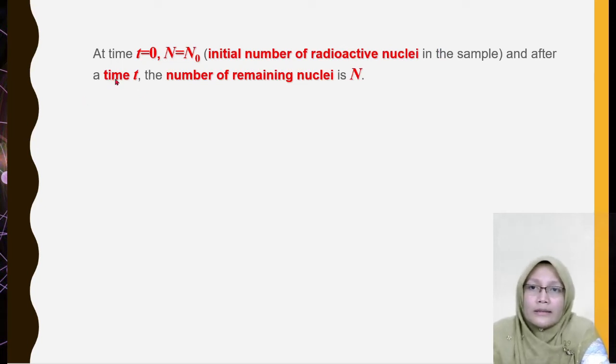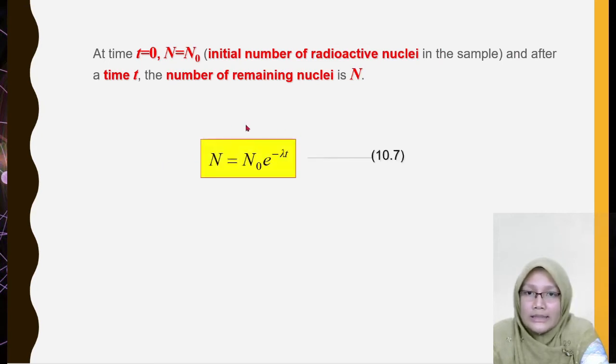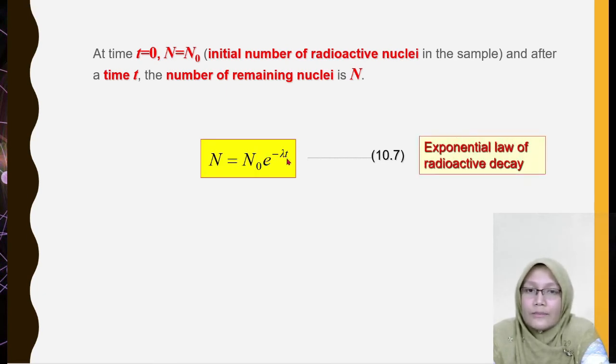And after time t, the number of remaining nuclei is N. So kita akan pakai equation yang ni. N is final nuclei, N naught is the initial number of nuclei, lambda is the decay constant, and t is time taken untuk the decay.